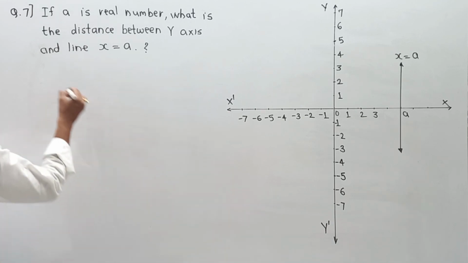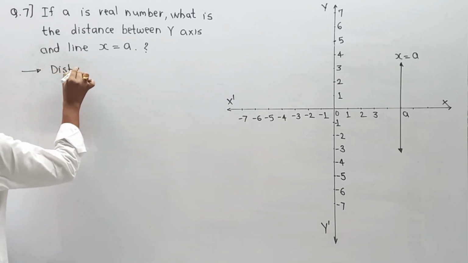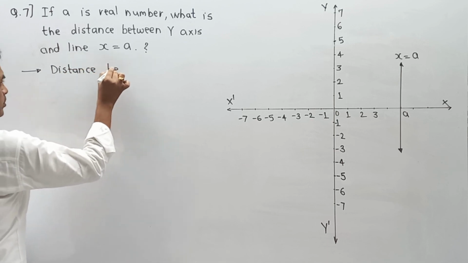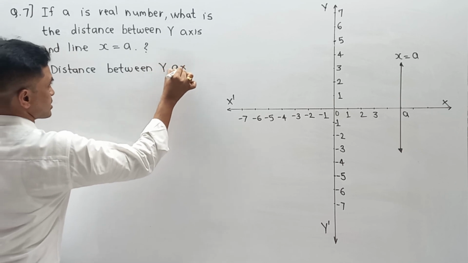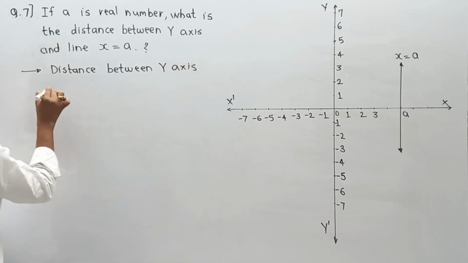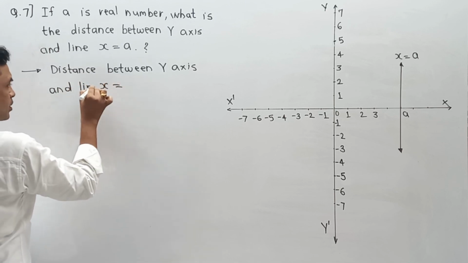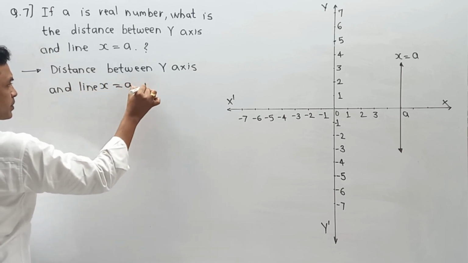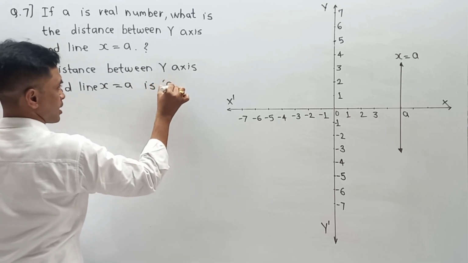Naturally, the distance between the y-axis and the line x is equal to a is a units.